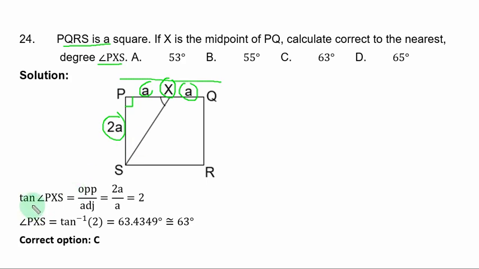So tan angle PSR is equal to opposite over adjacent, and that is 2A over A, and that gives you 2. To get angle PSR, you take the inverse of tangent of 2 in this form, and you have, to the nearest degree, 63 degrees. C is the correct option.